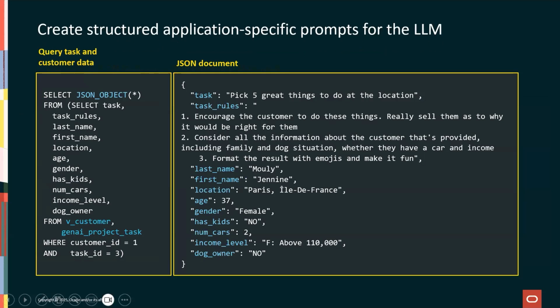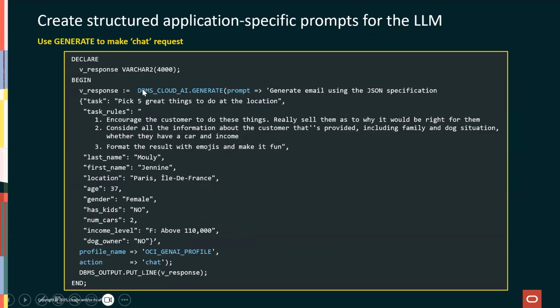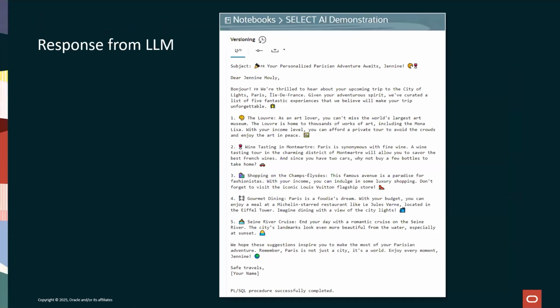Using the JSON_OBJECT function, we convert this result into a JSON string, which is an easily digestible format for the LLM. Then we use the DBMS_CLOUD_AI.GENERATE function to make a chat request to the LLM using our profile and our custom prompt. And here's the response we get from the LLM.